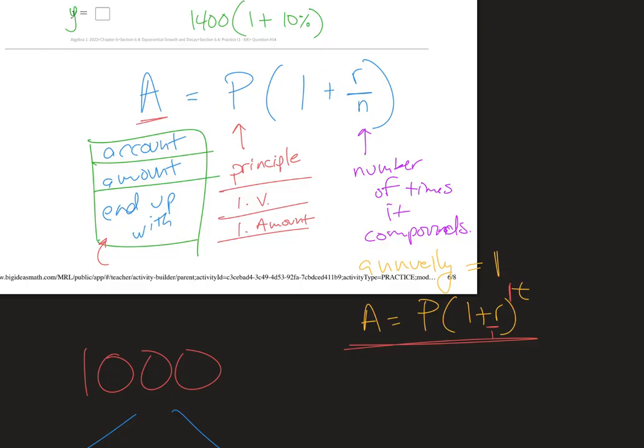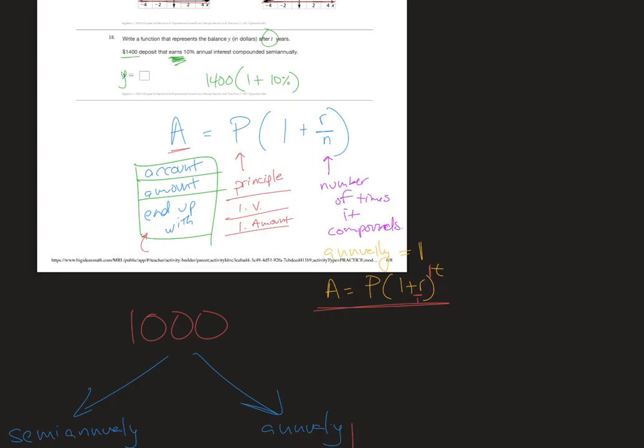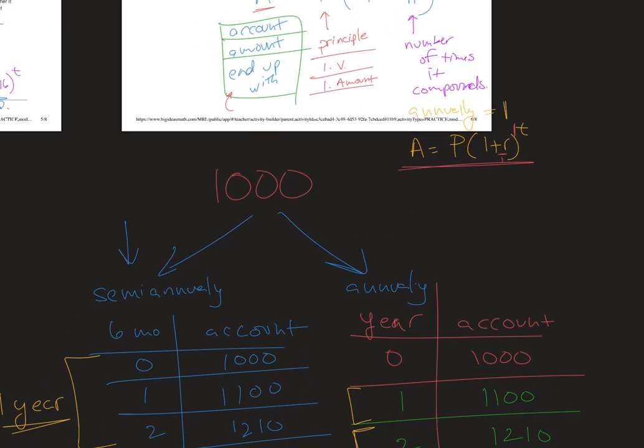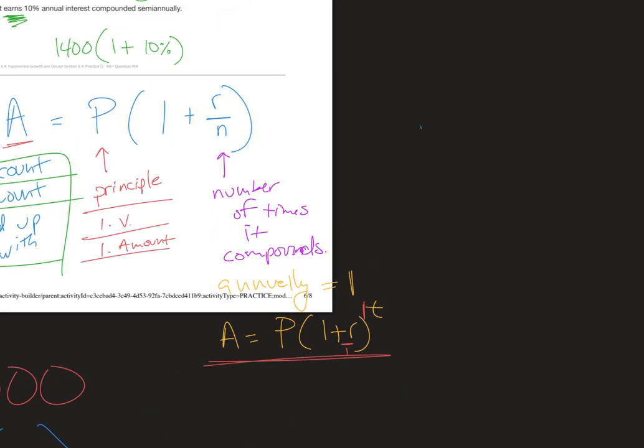And then if it happens semi-annually, like this one, n equals 2. For semi-annual, it happens twice a year. You could do quarterly, where n would equal 4. You could do it monthly. I hope you kind of get this idea, where n would equal 12.